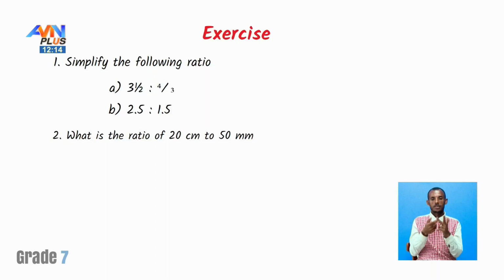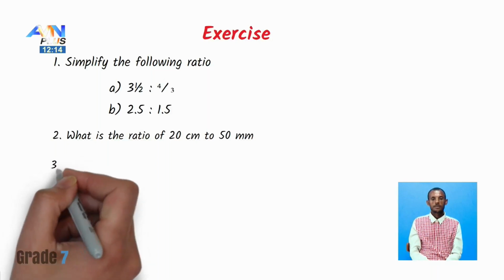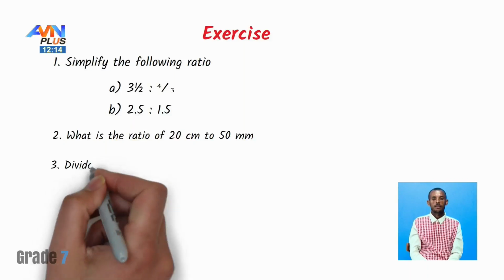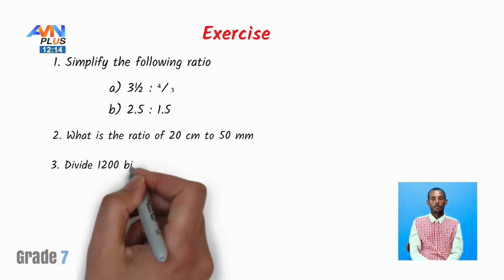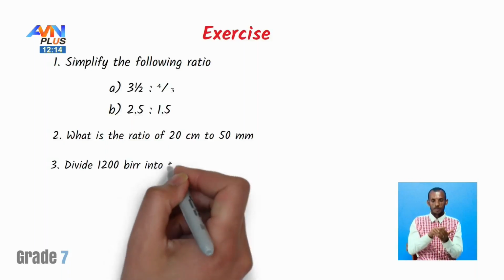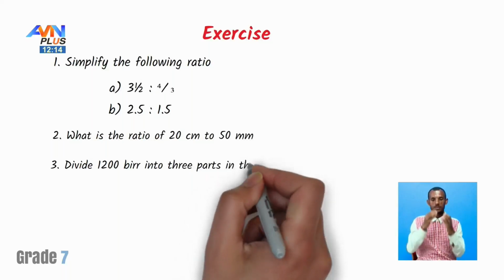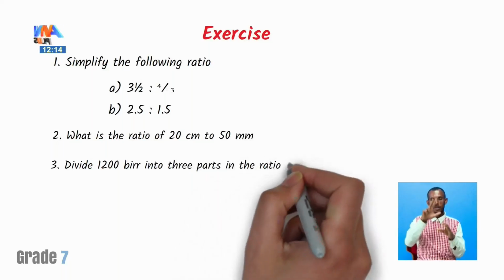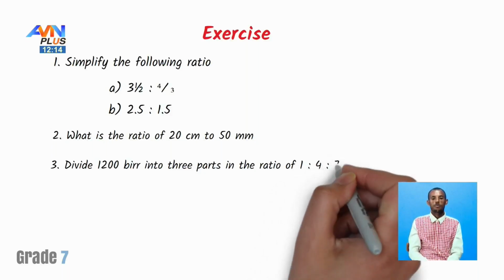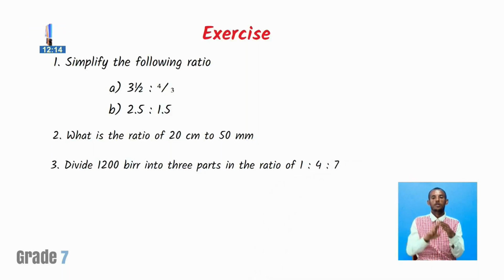Third, divide 1,200 birr into 3 parts, in the ratio of 1:4:7. So, this is all about today's lesson.